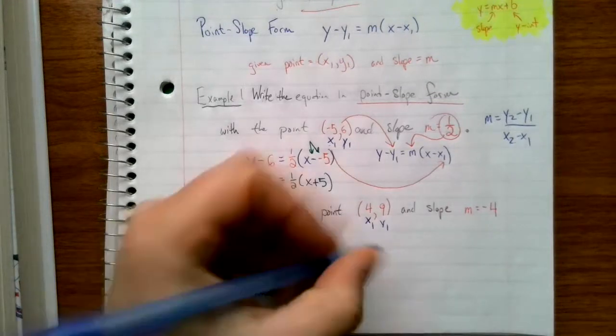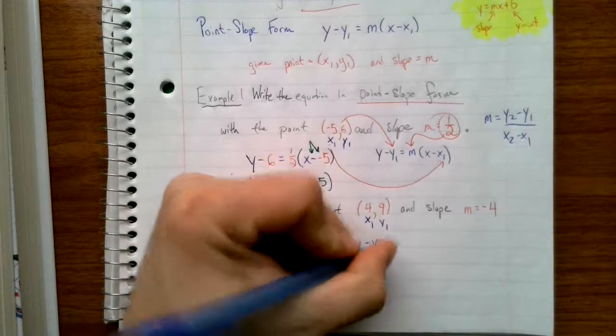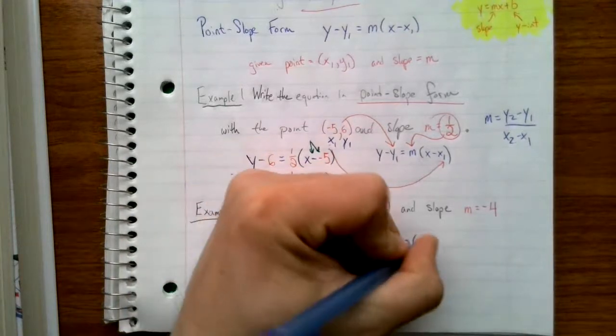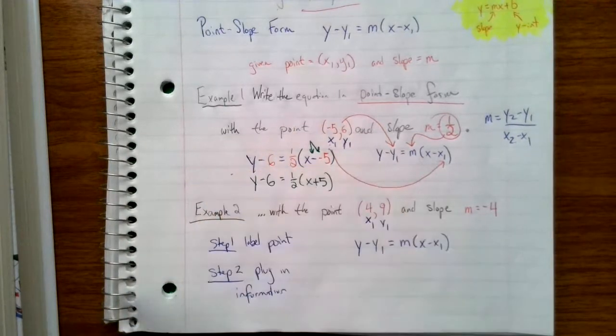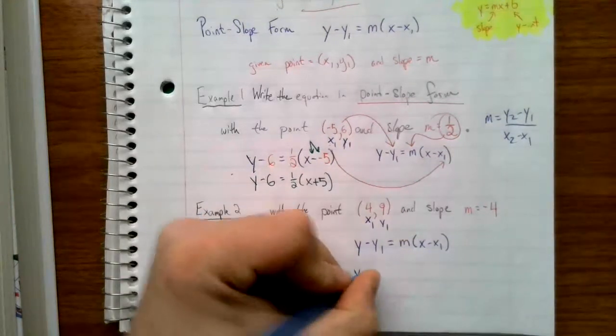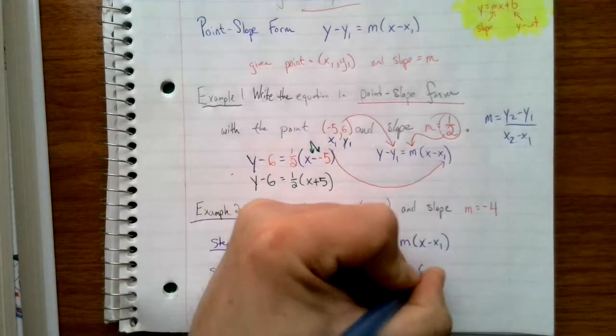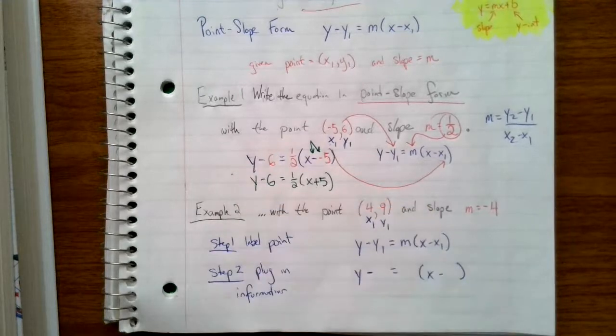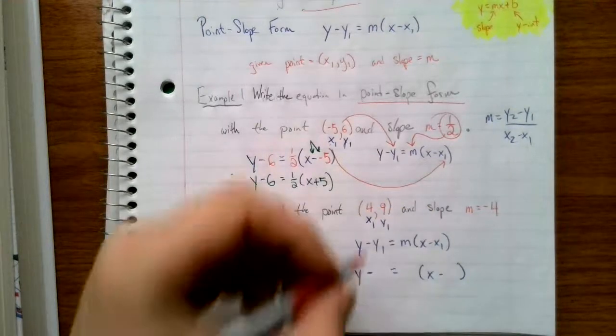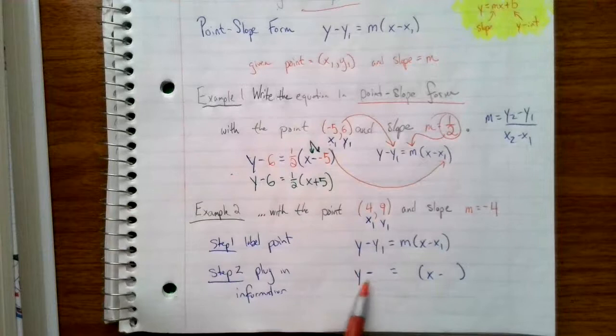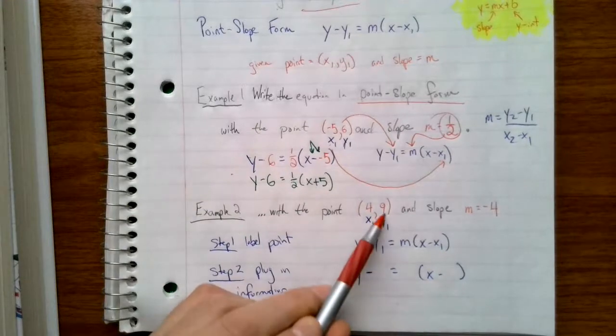So I think it's a good idea to rewrite the point slope formula. And what I like to do is rewrite everything that's not going to change, and then just go from left to right and say, okay, well, y1 here is my 9.